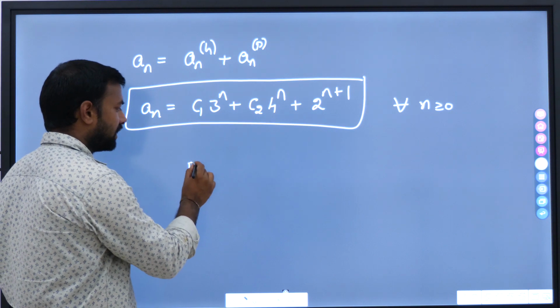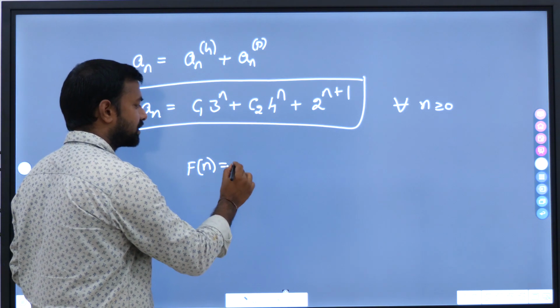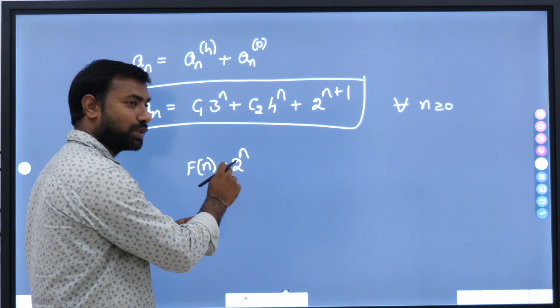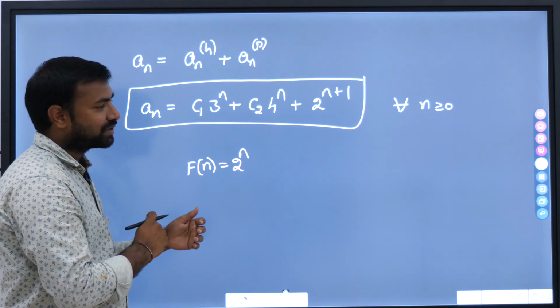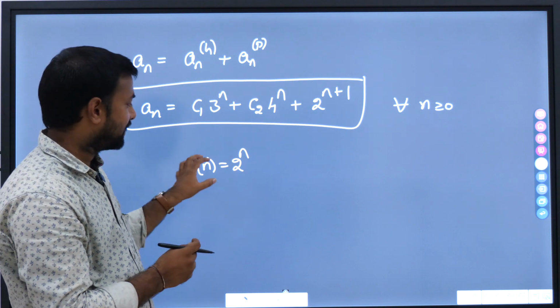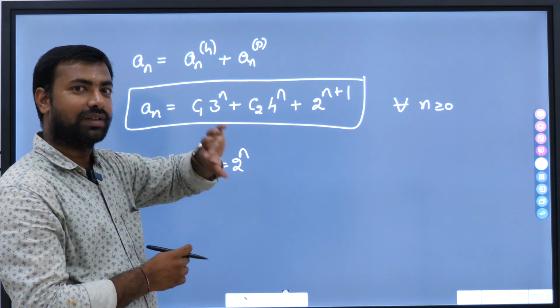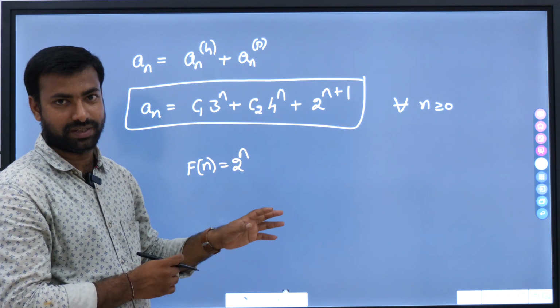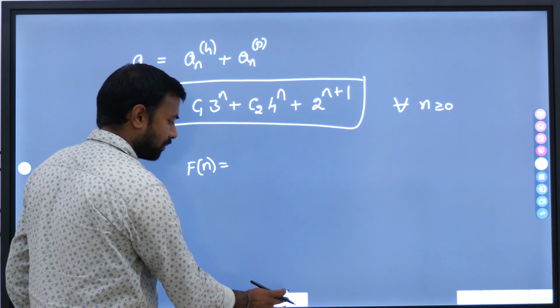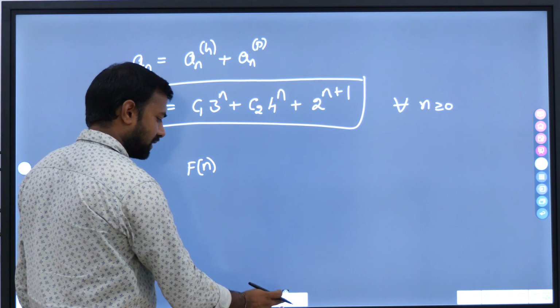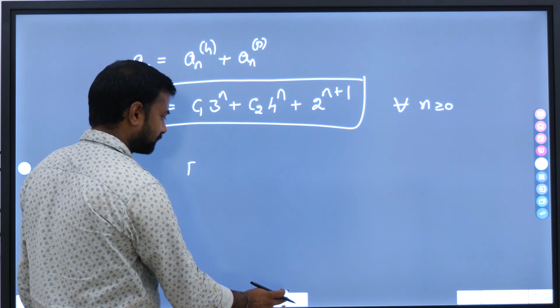Remember, here f(n) is 2 power n, and this 2 power n is not a solution of the homogeneous equation. Now let us think about the case where f(n) is a solution of the corresponding homogeneous equation. For example, instead of taking 2 power n in the previous problem, I would like to take 3 power n.